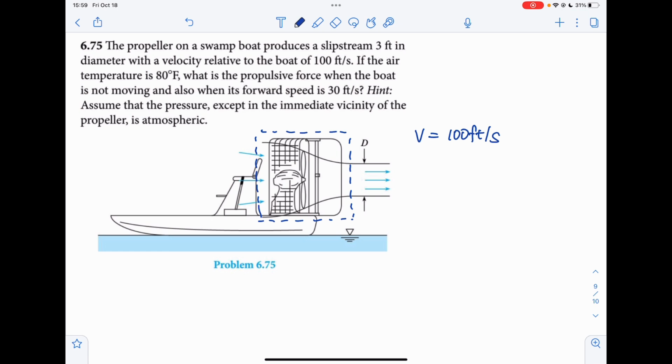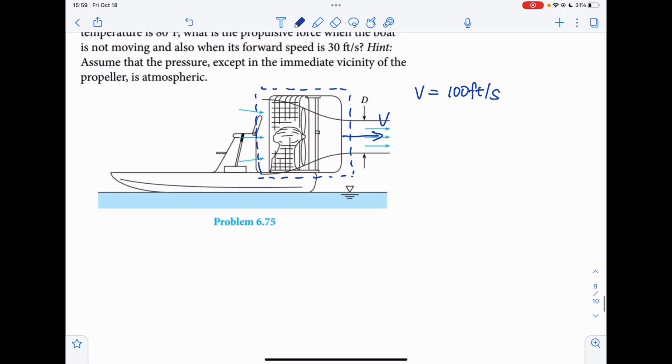So let's first do part one. We have a velocity coming out, and from the problem statement we will assume we don't have any mass flux flowing into the control volume. For this case, we can find our mass flux equals rho AV.